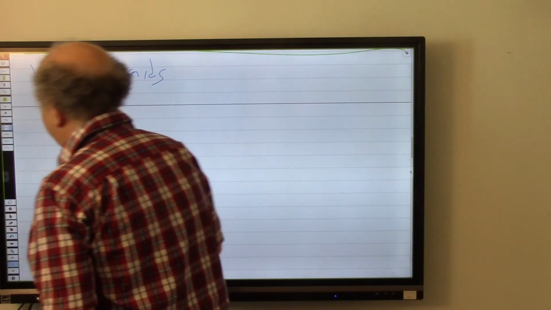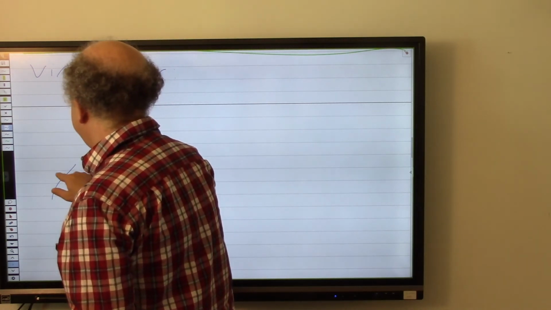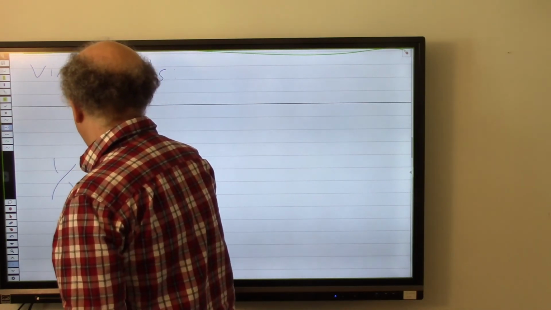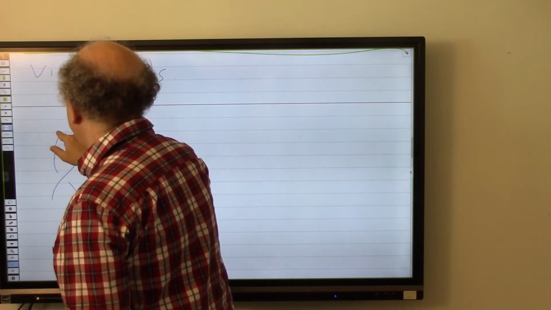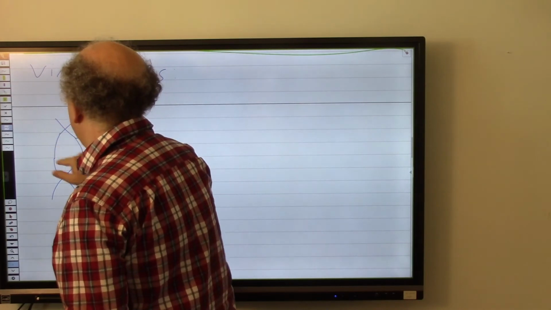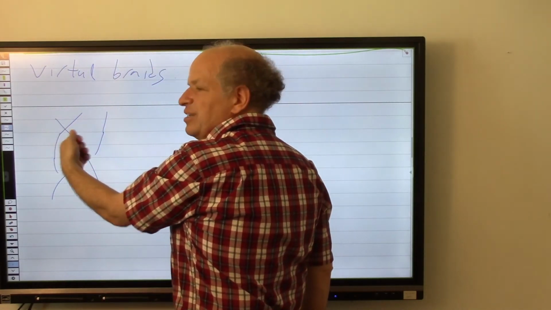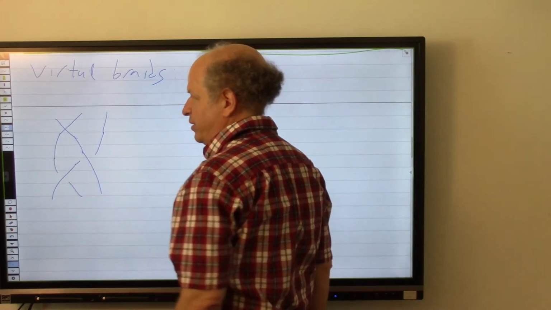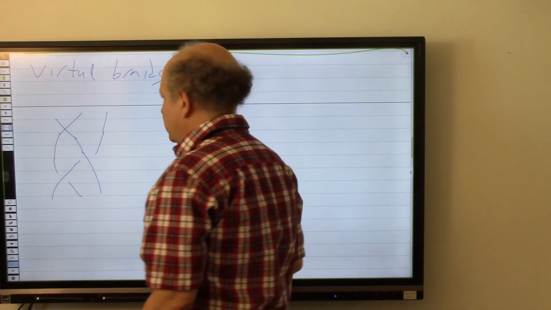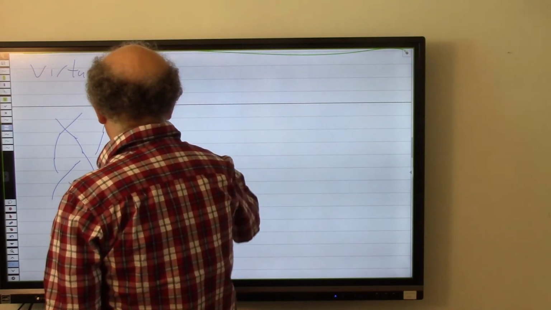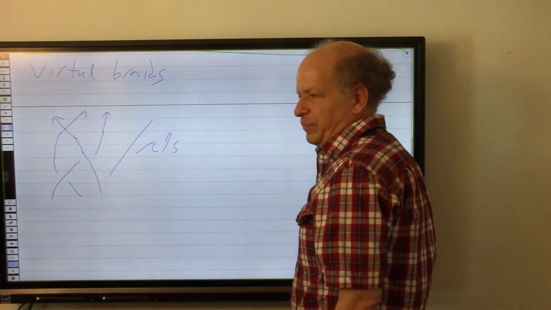It's braids just as before, except occasionally there is a virtual crossing. A virtual crossing is a crossing in which you just don't bother to indicate whether it's over or under. And then there are more relations, modulo relations, and everything is always going up.